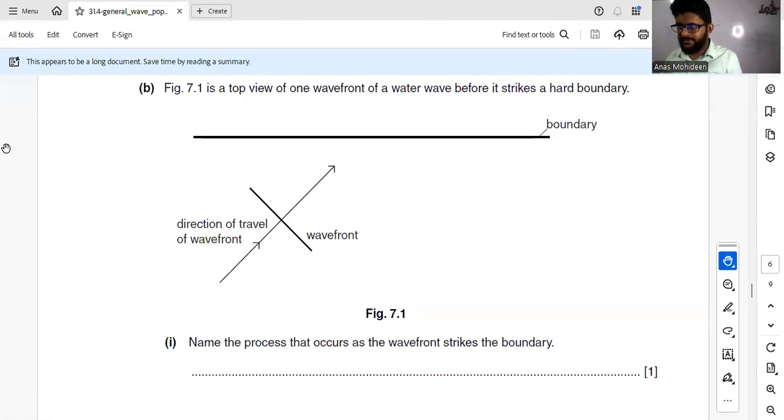So there's a point, right? You see, this is the part.